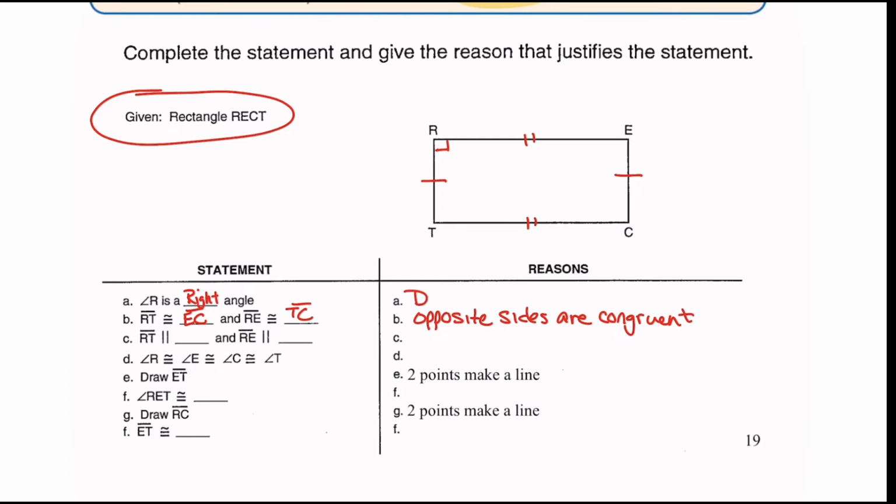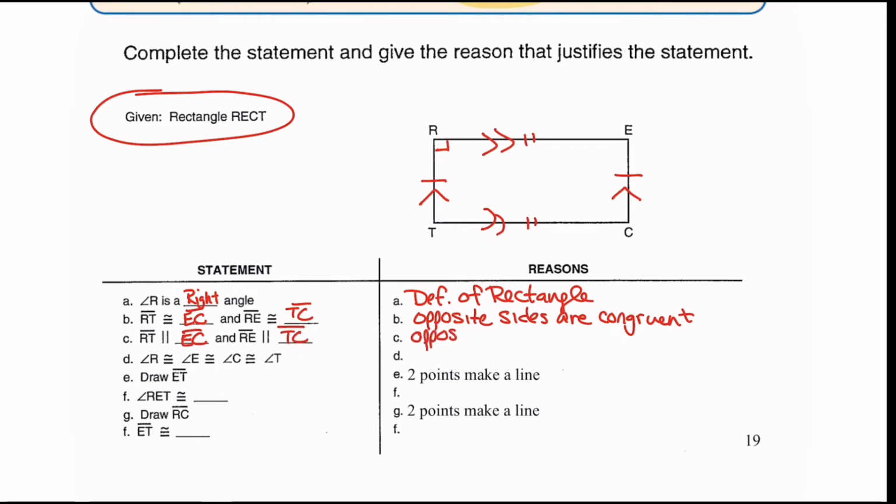Oh, before, we should have said definition of rectangle. By the way, this is, again, just putting it out there, not a formal proof. We're just using the formal proof structure of statements and reasons to show the things that we could say about rectangles. RT is parallel to EC, just as RE is parallel to TC.